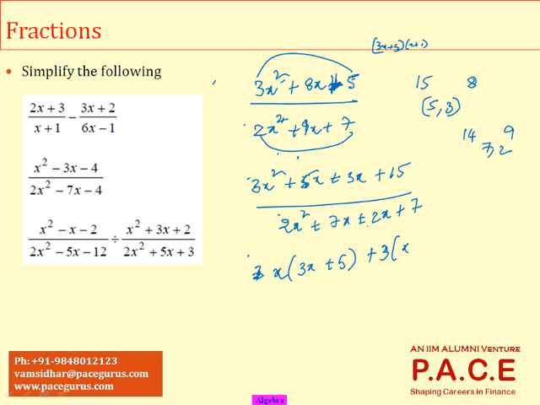Oh, here it's not 15. Here it's 1, 5. So I'll take 1 out. So it becomes again 3x plus 5.